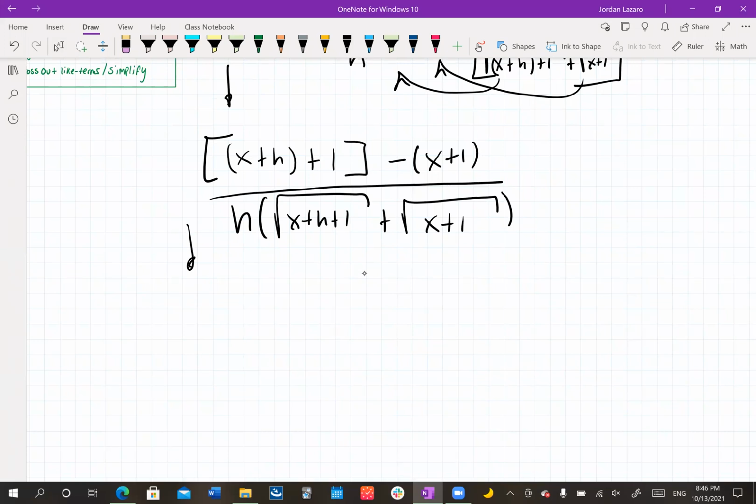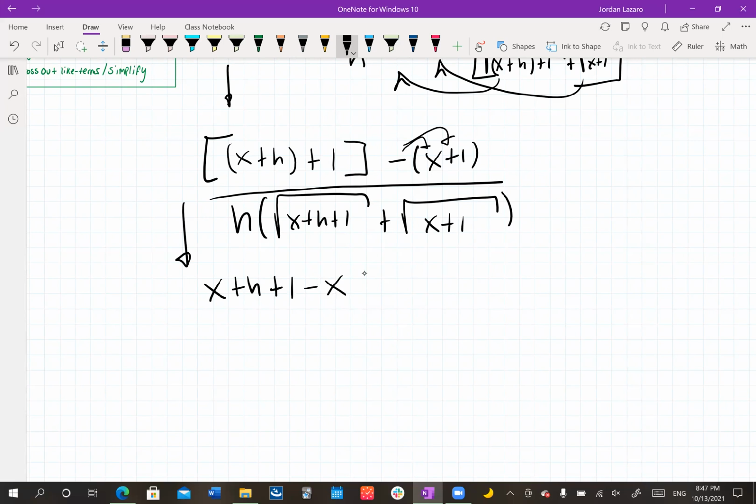So now, since we're going to be simplifying everything and canceling like terms, we look here, nothing's being multiplied, so we just have x plus h plus 1. Here we have negative quantity of x plus 1, so the negative is going to distribute to the x and positive 1.